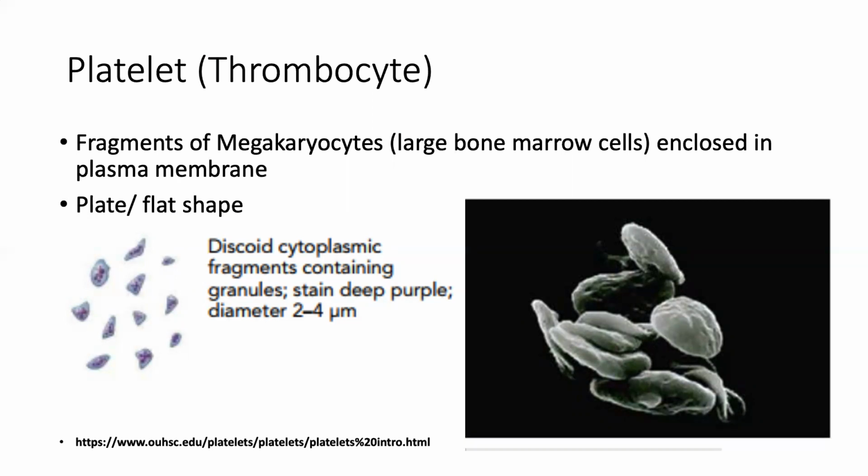Plate means a flat shape. They are discoid shaped cytoplasmic fragments containing granules. They stain deep purple, and their diameter is really small, 2 to 4 micrometers, which might be about half the size of the RBC.